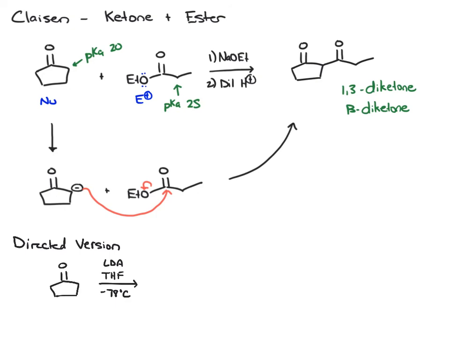That will form 100% of the enolate. Then in the next step, we can add our ester that we want as the electrophile. And then finally, this would need an acidic workup. In the end, we get the same product.